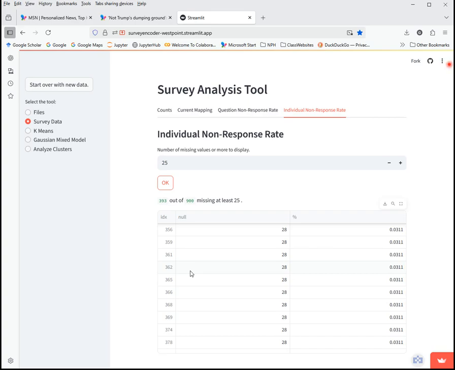You want people grouped together because they answered the questions the same, not because they just failed to answer the question. So those are the things you can look at when you just want to look at the data before you do any analysis, to make sure that you have a proper set of data before you move forward.